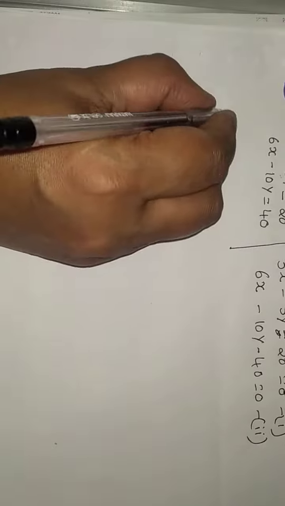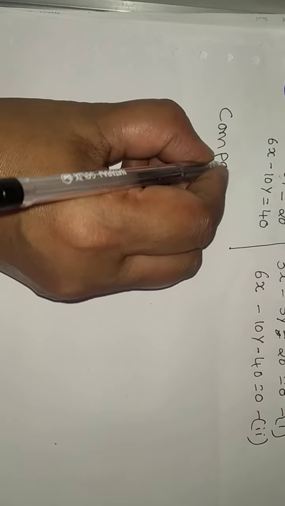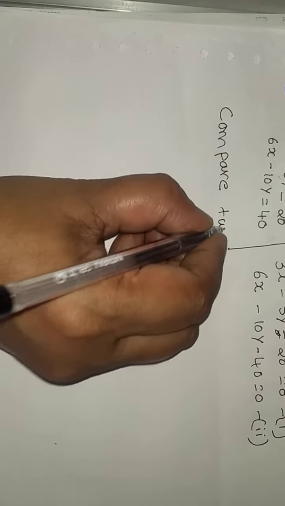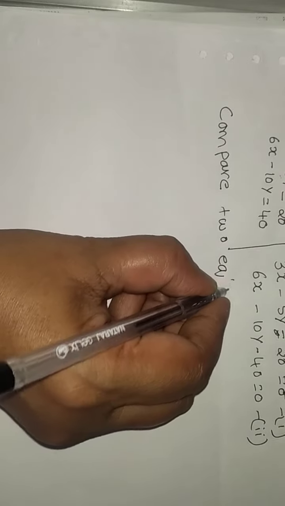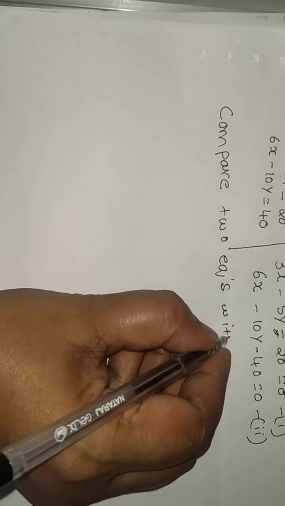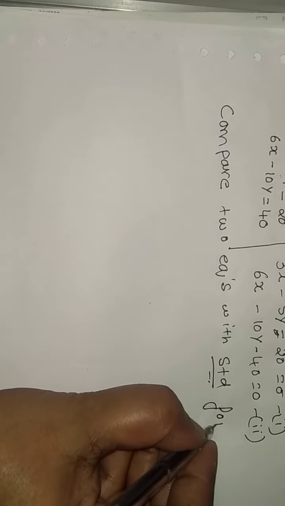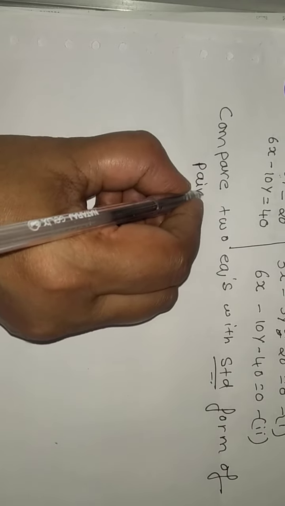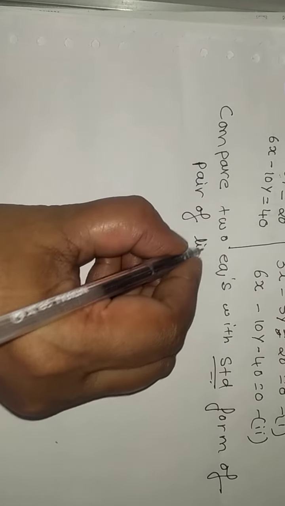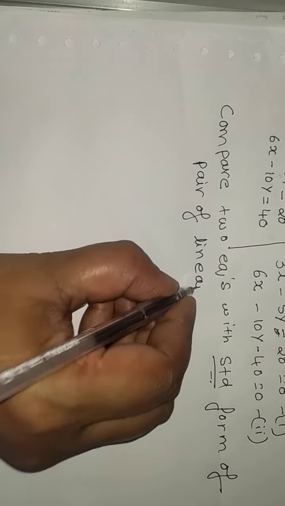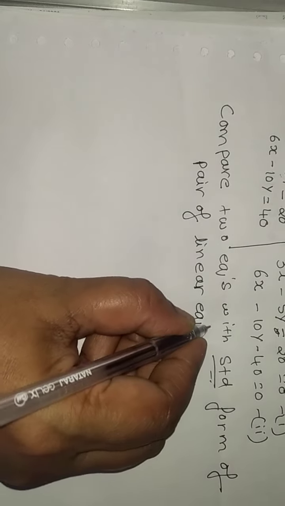Now what is the first step? Compare the two equations with the standard form of pair of linear equations. So what happens?